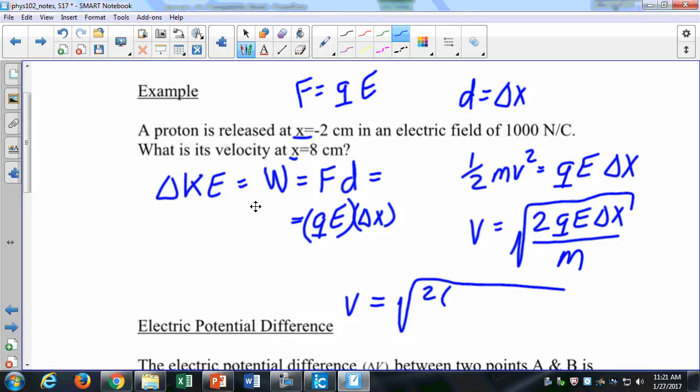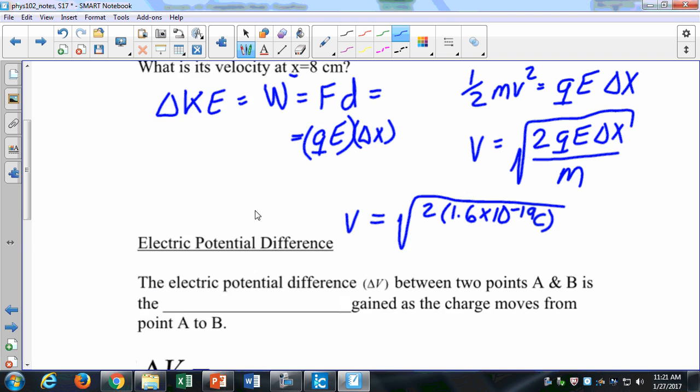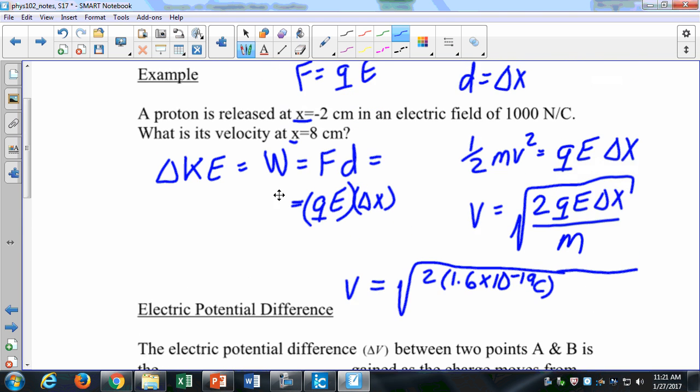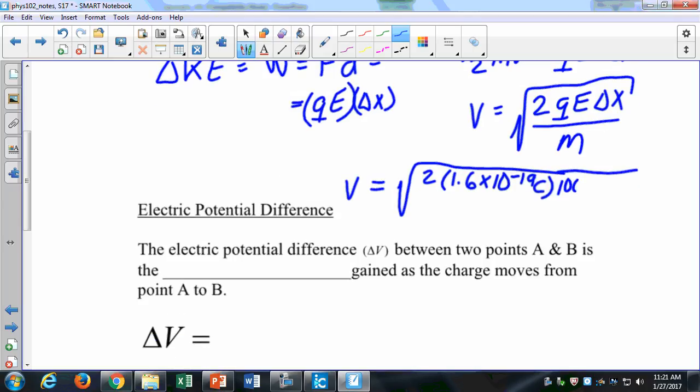It's the fundamental unit of charge. It's called E, so that is the charge of a proton and an electron, 1.6 times 10 to the minus 19 coulombs. We're always going to use coulombs for our charges. E here was 1,000 newtons per coulomb.